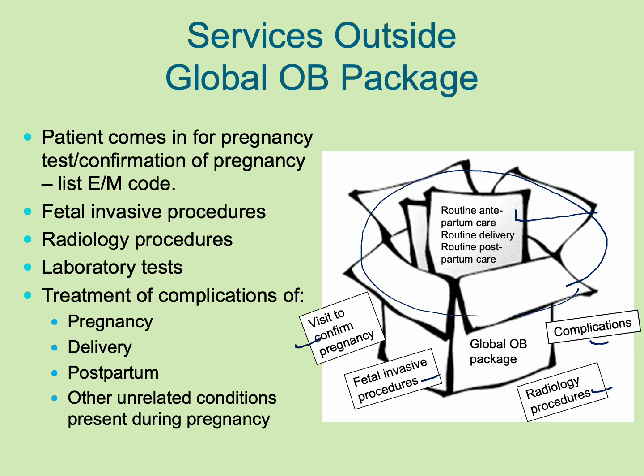Fetal invasive procedures, radiology procedures like ultrasounds, laboratory tests, except for those that are included in the package, like the routine urinalysis. Treatment of complications of the pregnancy, complications of the delivery, postpartum complications, and unrelated conditions present during the pregnancy. Those are not part of the global package, and they can be reported when they happen.